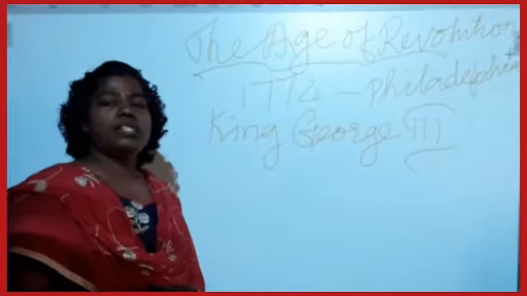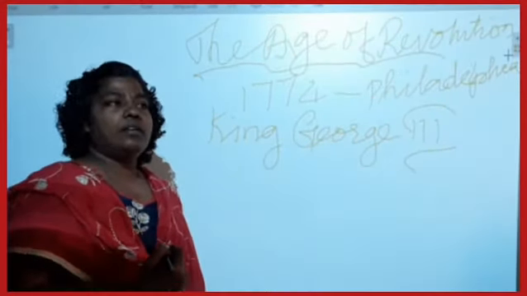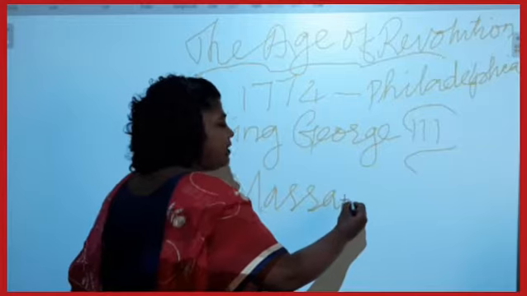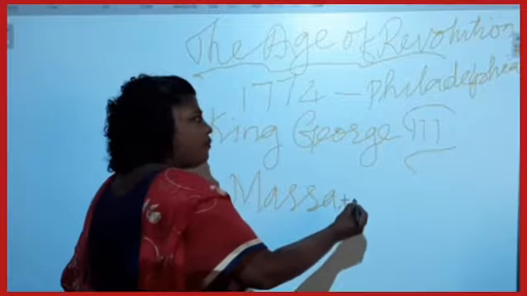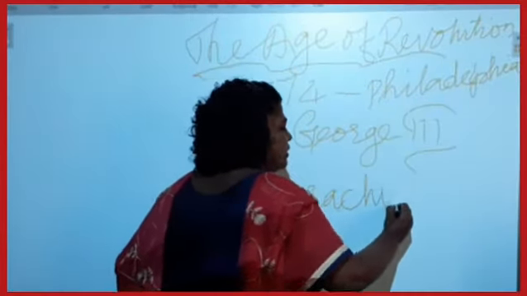So what did the king do? He called the British troops to fight against the colonies. The British troops came to the place called Massachusetts. Where did the British troops come to fight against the colonies? In the place called Massachusetts.